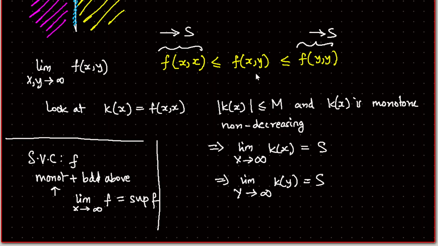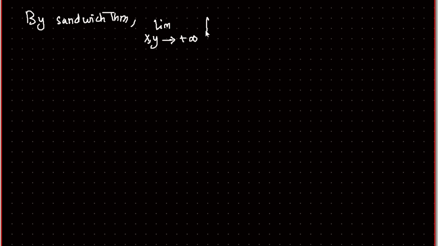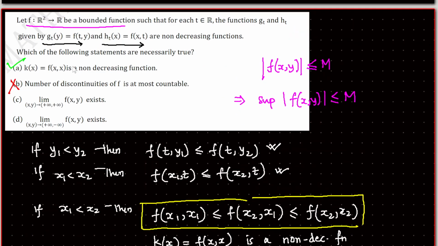So by the Sandwich theorem, we have that the limit as x comma y goes to positive infinity of f of x comma y is equal to s. So the limit exists, right? So the third option is correct.